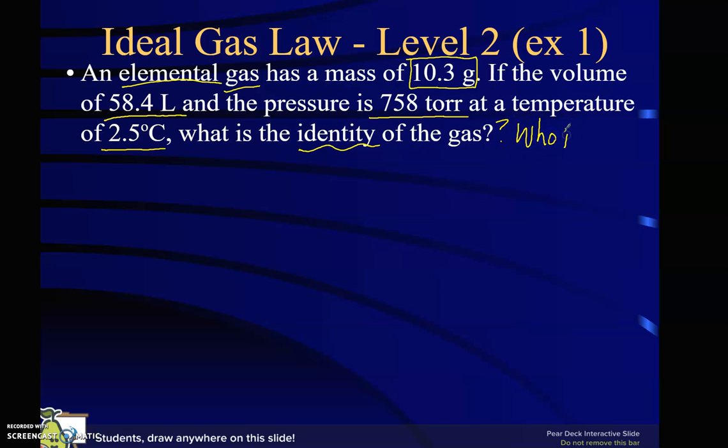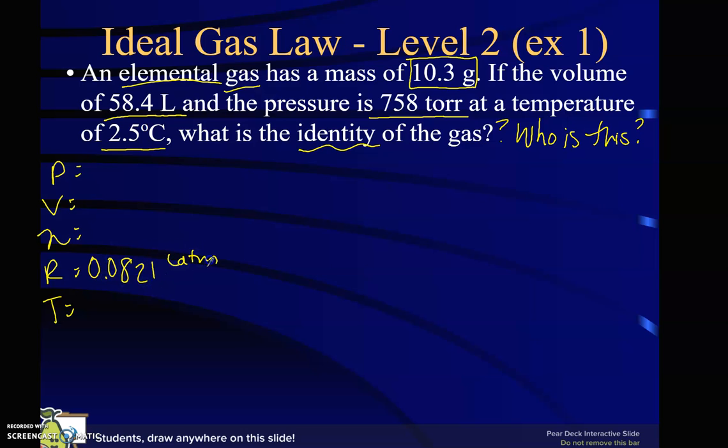So who is this? That's what we want to know. So let's figure out what we do know. All right, P, V, N, R, and T are always there for us. And we know the gas law constant is 0.0821 liter atmospheres per mole Kelvin.